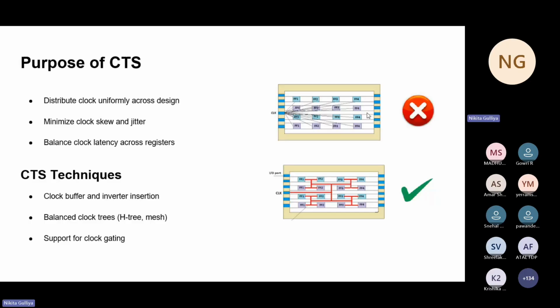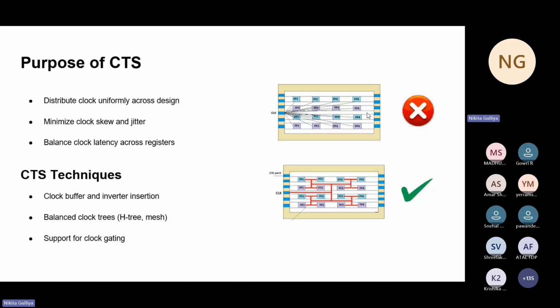And CTS is also very important, which is the clock tree synthesis. The purpose of clock tree synthesis, or CTS, is to distribute the clock signal uniformly across the design. The main goal is to minimize clock skew and jitter so that all the registers see the clock at nearly the same time.